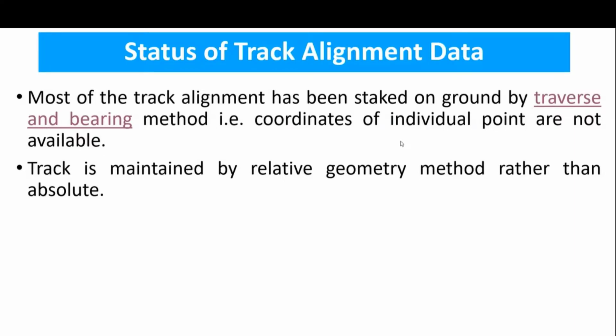Like in the realignment of a curve also, it is a relative method. Based on the versines of the adjoining stations, the versines of the point are worked out, and slews are worked out.